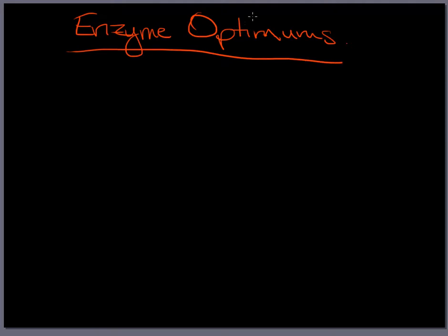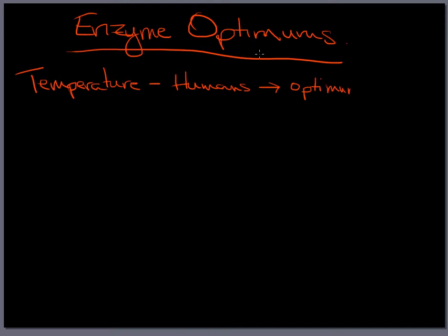Okay, so most human enzymes are going to like to function at body temperature. So one of the first things that has to be taken into consideration when you work with enzymes is temperature. Again, in humans, the optimum temperature is going to be 98.6 degrees Fahrenheit, or about 37 degrees Celsius.